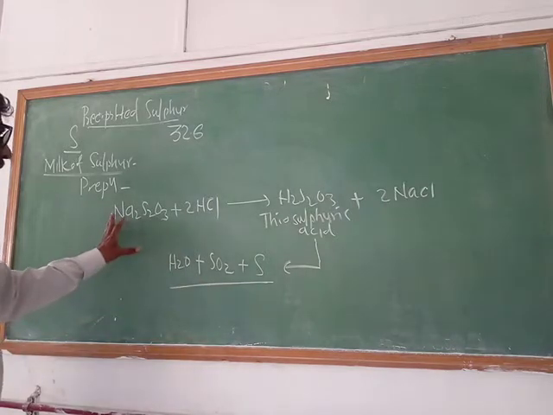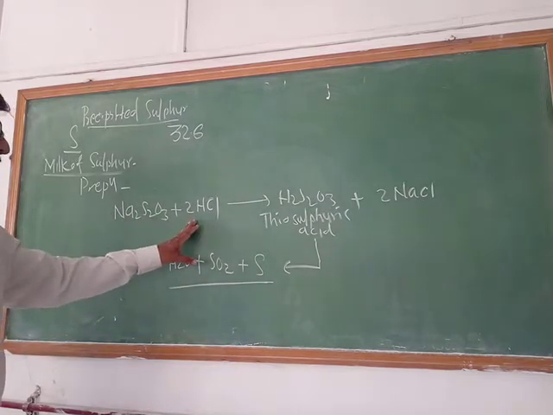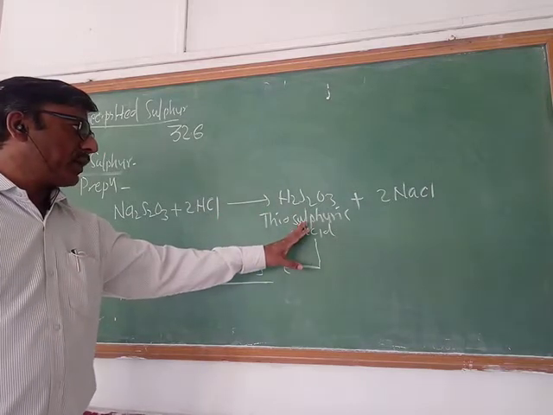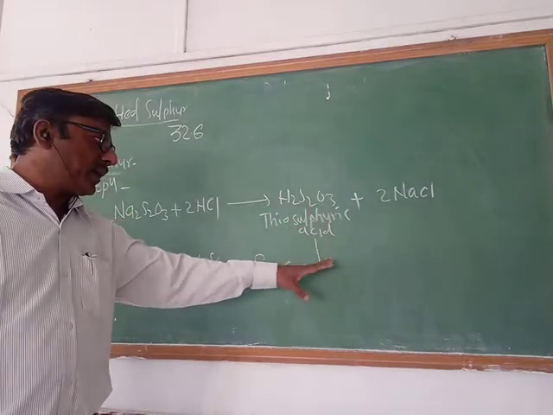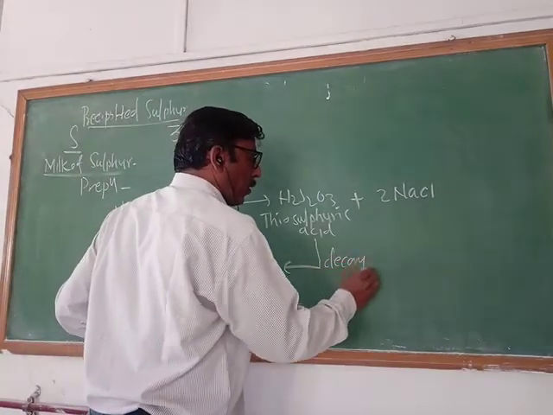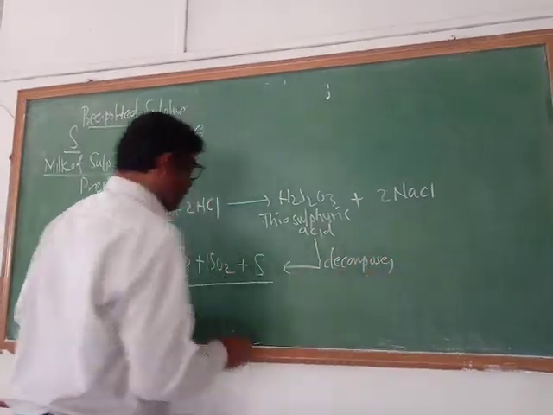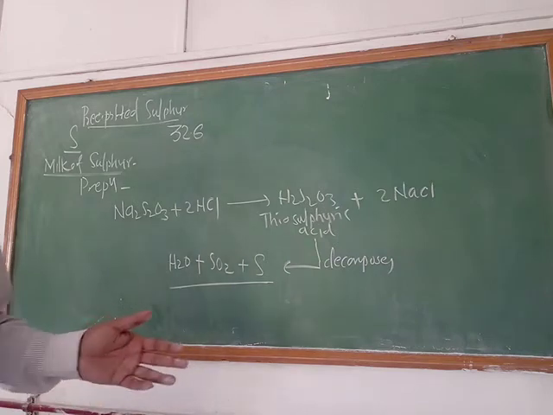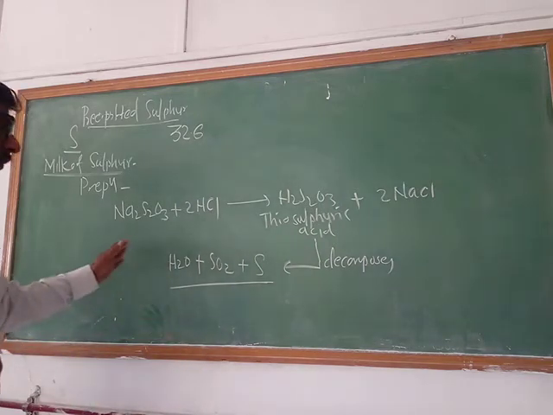Simple. Sodium thiosulfate, when reacted with mineral acids like hydrochloric acid, gives thiosulfuric acid. That thiosulfuric acid decomposes and we are getting sulfur, sulfur dioxide and water. That sulfur we remove, dry and use.